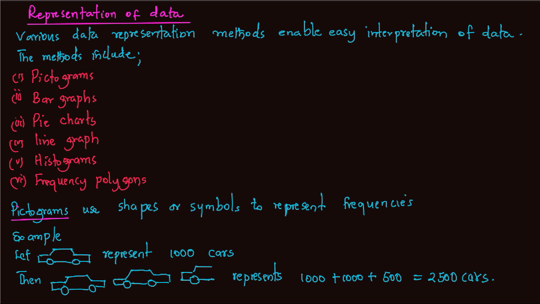Then 2 complete cars and a half will represent 1,000 plus 1,000 plus 500, which gives us 2,500 cars.